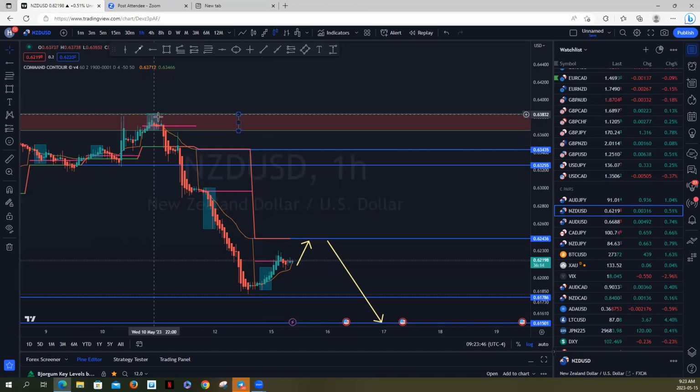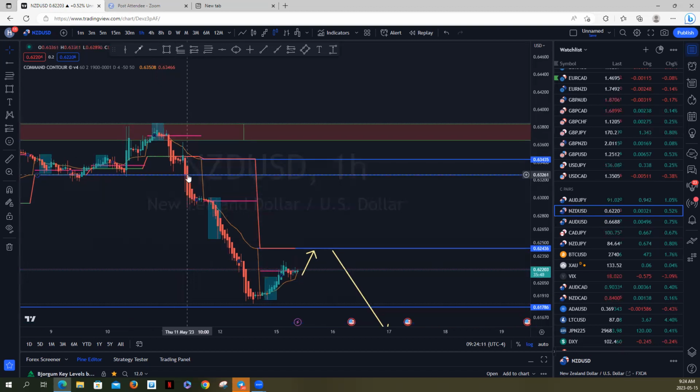You see how price didn't break above this level? That's a good sign. That's a great sign. Then you see price came back, retest this area, and then sell off. You really want to wait till price crosses the command contour level to start the process. Then it just continues falling from there.